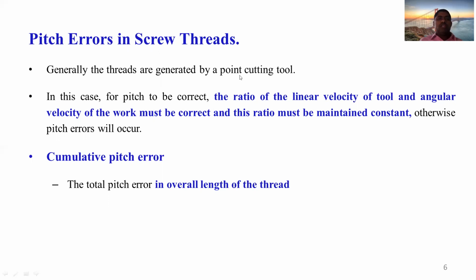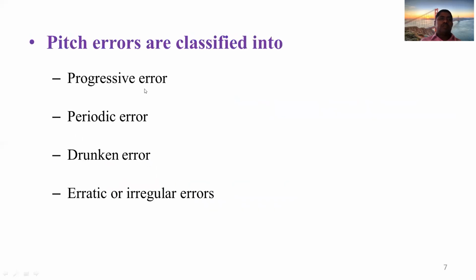Generally threads are generated by a point cutting tool. And what is a cumulative pitch error? The total pitch error in the overall length of the thread is the cumulative pitch error.